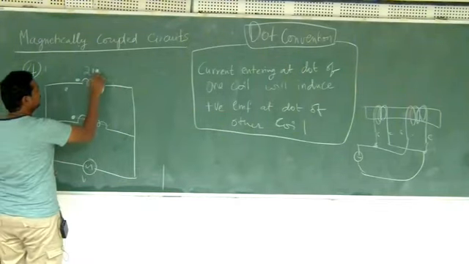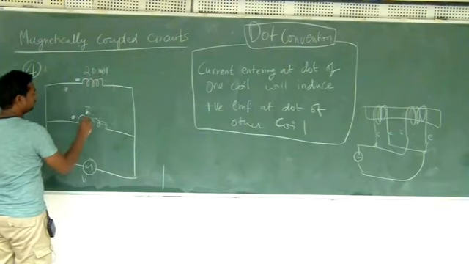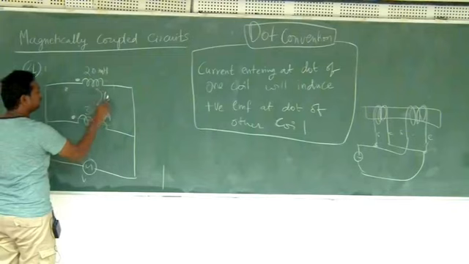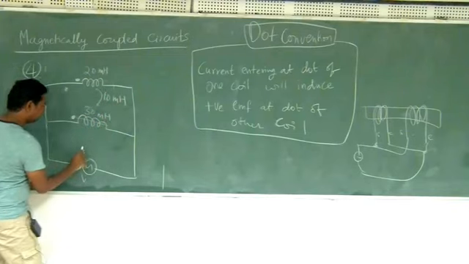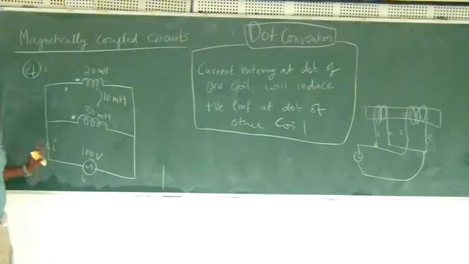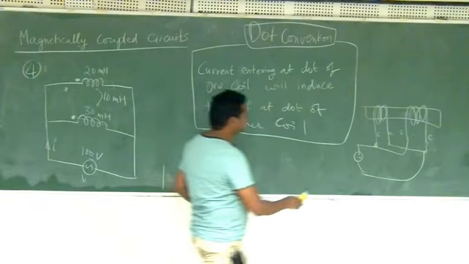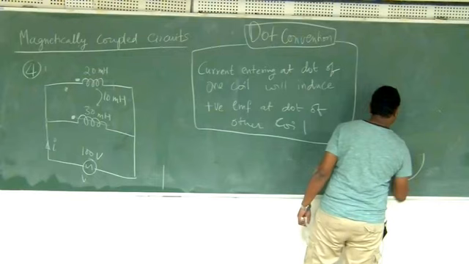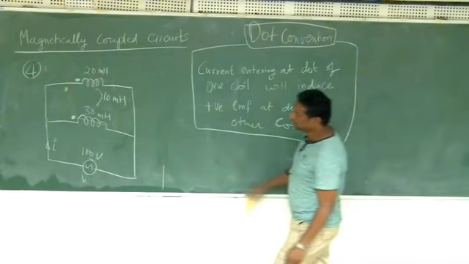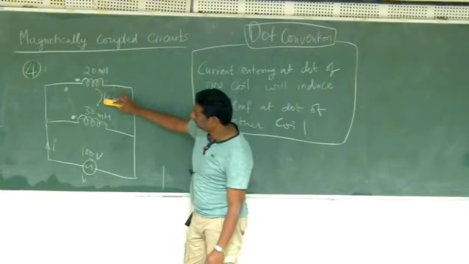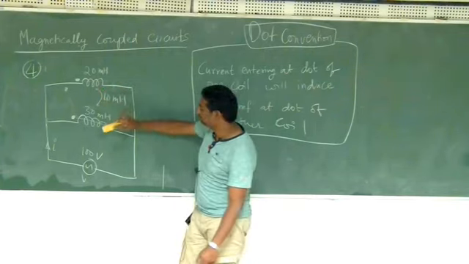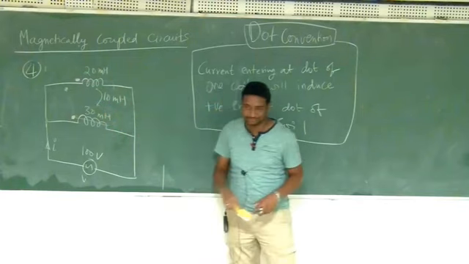So 20 millihenries, 30 millihenries, and mutually 10 millihenries, 100 volts. Again, the question is, what is I? What is the total current? Okay. So how do you solve this problem? See, if I don't give this mutual coupling, you can solve the problem that you already studied. Now with the mutual coupling, how do you solve the problem?